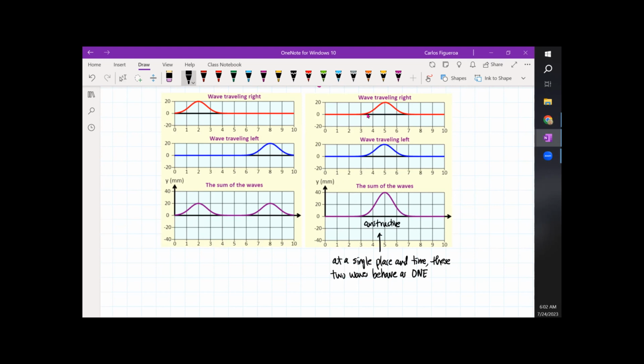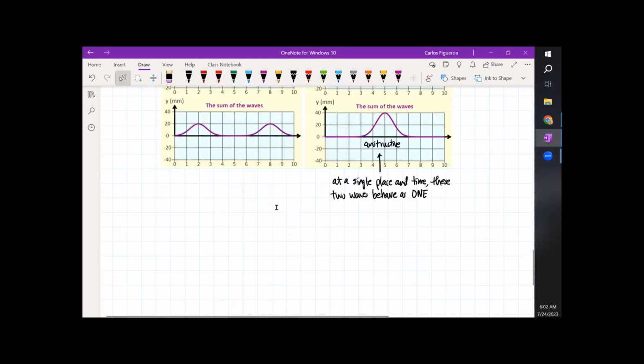Now, this result that I just stated up here is really surprising. It's surprising because the intensity depends on the amplitude squared. So let's look at this thing.